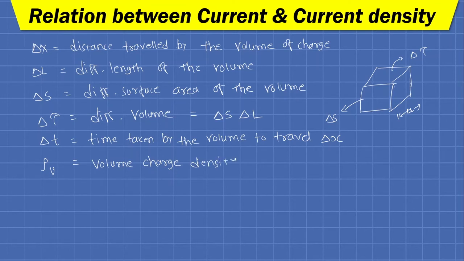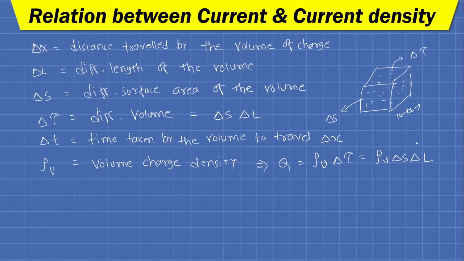So if we want to find the total charge inside this volume, we can have Q equals rho V into delta tau, which equals rho V into delta S into delta L. So this is how we can find the total charge.